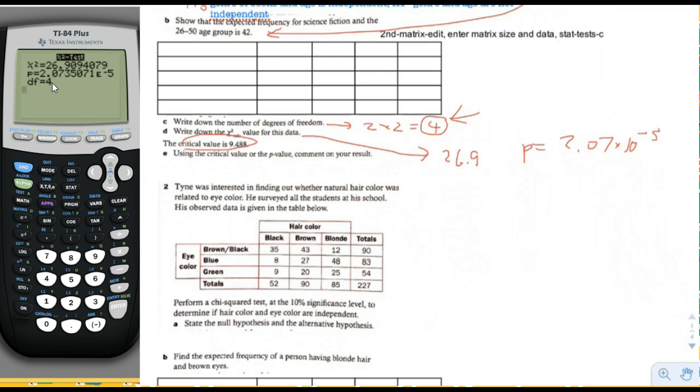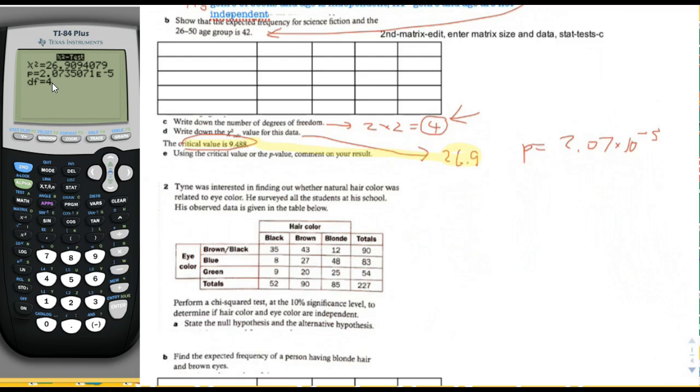The critical value is the value that you compare to the chi-squared value. So you're going to compare 26.9 to 9.488. Now remember, 26.9 shows dependentness. So since it's greater than 9.488, that means that the data is dependent. And so you can reject the null hypothesis.